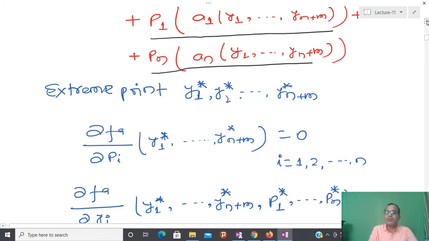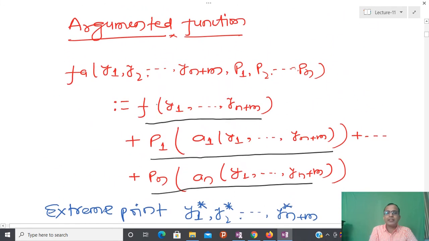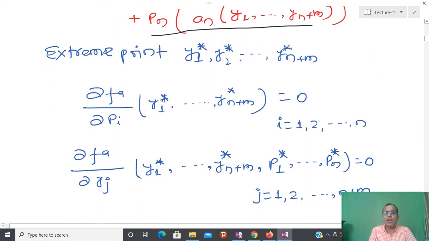You can take the partial derivative of the augmented function with respect to pi. Automatically the constraint equations come into the picture, so in this way I can generate n equations, and the remaining n plus m equations I can generate by taking the partial derivative of the augmented function with respect to yj, where j is 1 to n plus m.